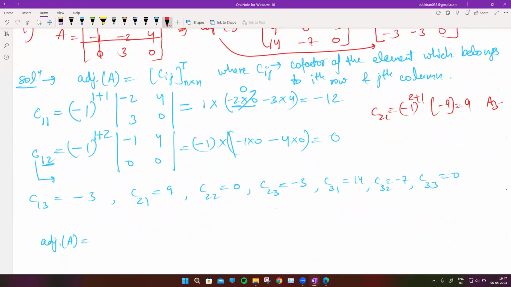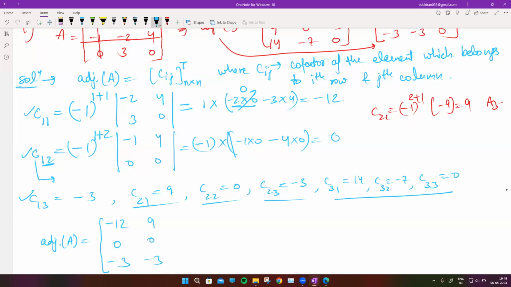I have done this once. I will do this again because what I want to show you is how to write it directly. Take all the first row cofactors: C11, C12, C13. Take all the first row cofactors and write them in a column directly. So -12, 0, -3. Then these three, 9, 0, -3.